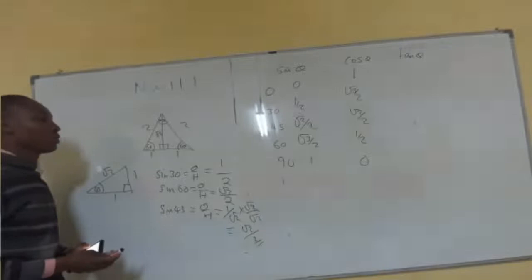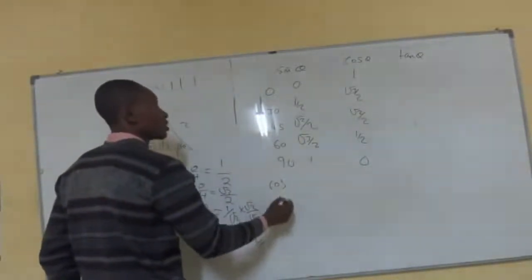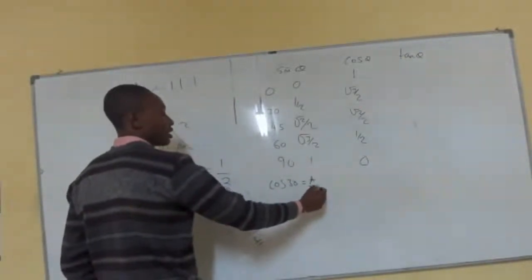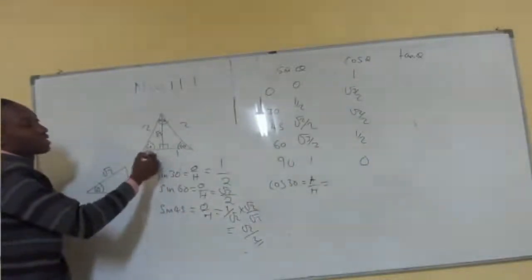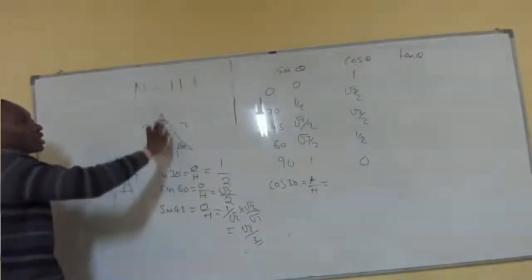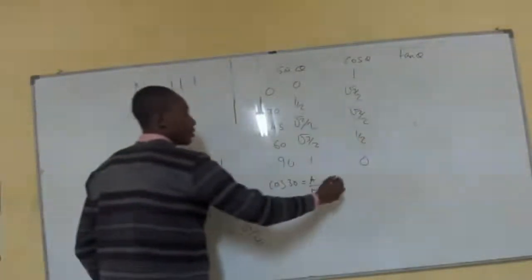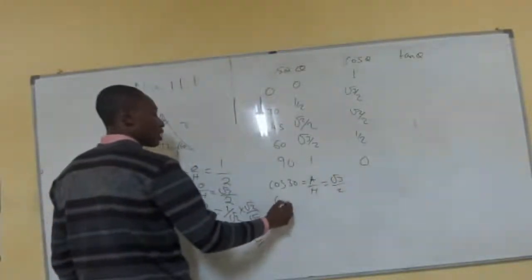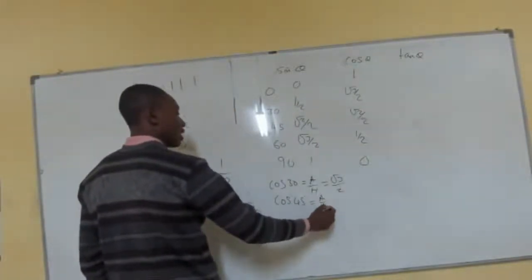If you are looking for cos, it's the same thing. So we have cos of 30. Cos is adjacent over hypotenuse. The adjacent side for this one is root 3, and the hypotenuse is 2, so root 3 over 2. We know that cos of 45 degrees is still adjacent over hypotenuse.